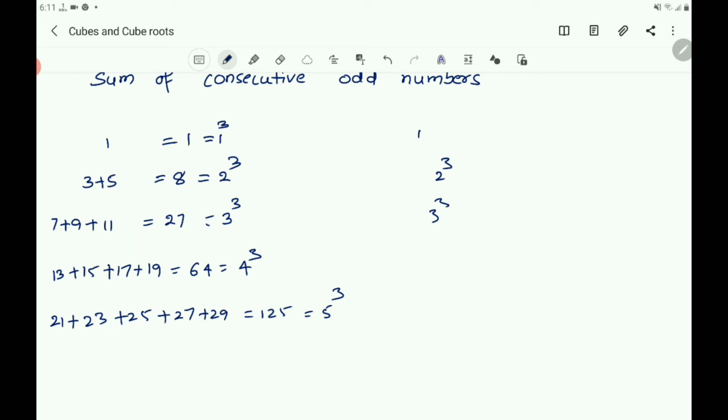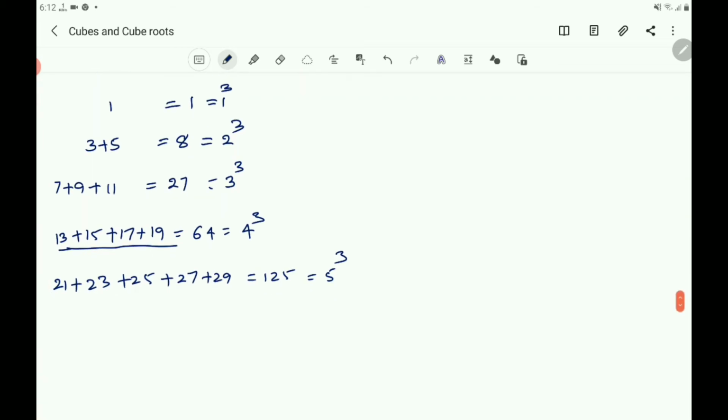Next here it is the seventh odd number, and here there are 4 odd numbers, so you are going to get 4 cube. Like this, it is one of the special patterns for the cubes.